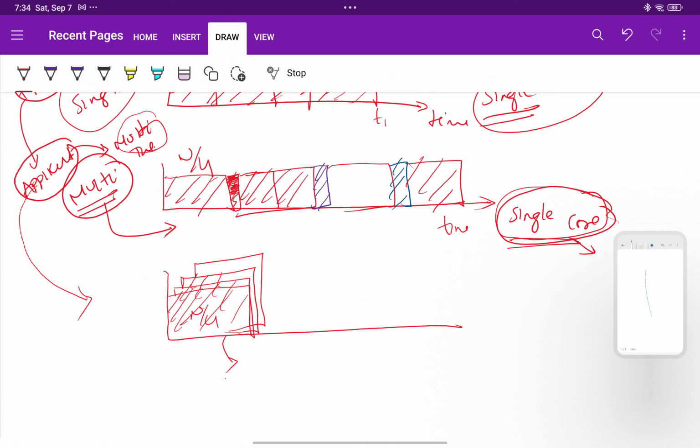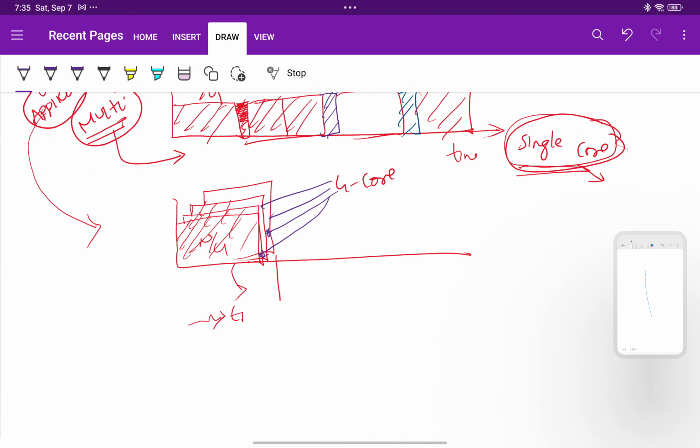So the total time is approximately t1, because we have a 4 core machine and each core does 1 by 4 of the task. So if our application designed with multi-thread is dumped in multi-core, then only we get the benefit of the multi-thread application. Otherwise we have to design our application with single thread only.